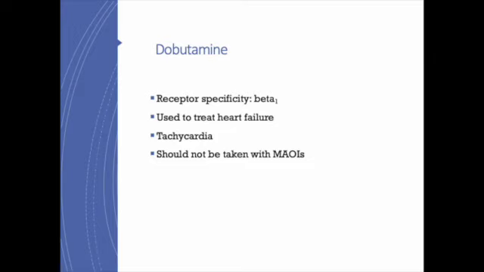Concurrent use of a TCA or tricyclic antidepressant can also cause a moderate increase in those cardiovascular effects as well. And there are some general anesthetics that will sensitize the myocardium to stimulation by dobutamine, and so this will also increase the risk for dysrhythmia.